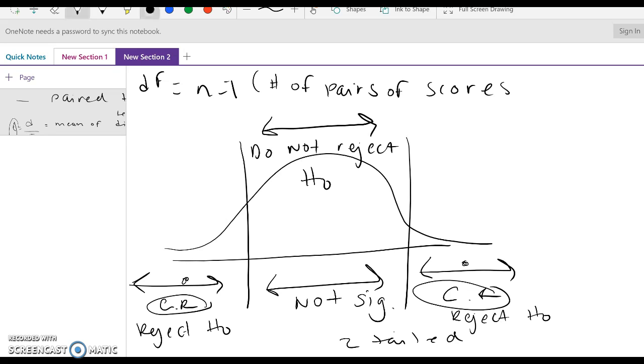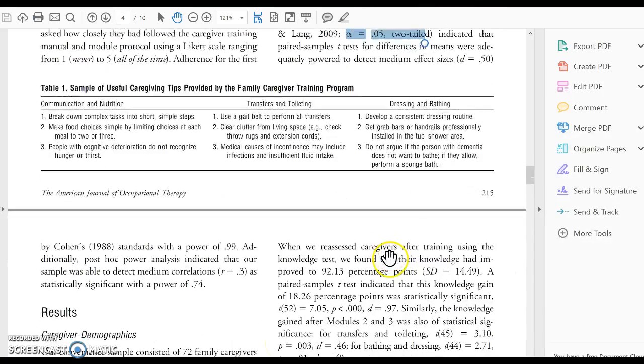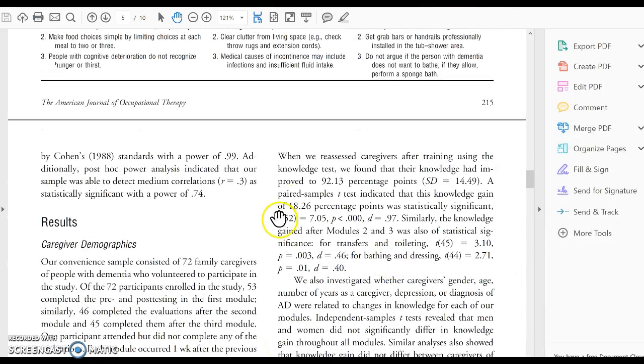So it should fall in one of these areas in order for us to determine if we should reject our null hypothesis. Now, they decided to use two-tail to give them more regions. But again, we'll go into that later. That's where I want to stop for now to explain. So this is based off a critical value using degrees of freedom to determine what that critical value is.